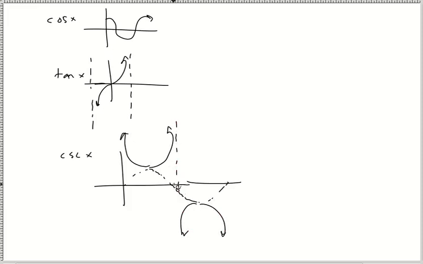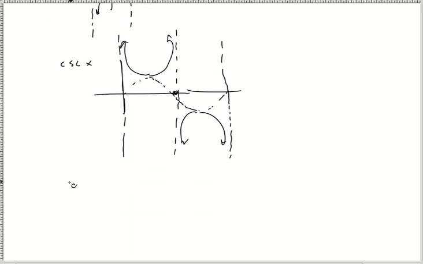The asymptote is whenever it's at 0 right there. So I didn't draw it perfectly. And this is also another asymptote right there, and another one right there. And then, of course, there's more U's, on tops of the hills and bottoms of the valleys and stuff like that. So the actual graph of cosecant are these U shapes.